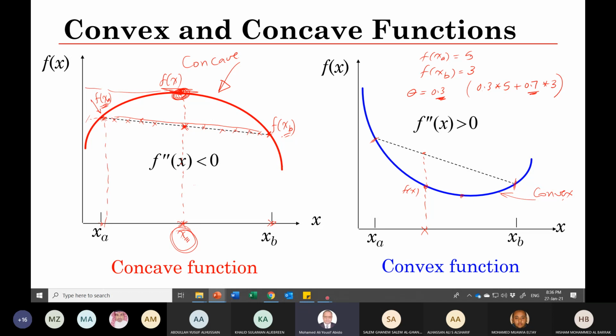So 0.3 times 5 plus 0.7, which is 1 minus theta, times 3. This becomes 1.5 plus 2.1, so this equals 3.6. This is the interpolation between f of XA and f of XB.